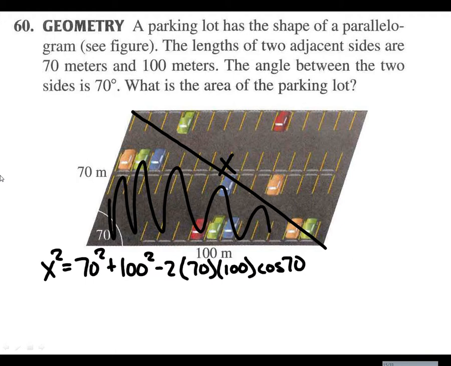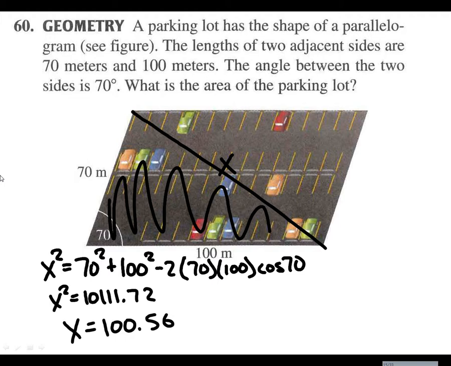Let's plug it in. 70 squared plus 100 squared minus 2 times 70 times 100 times the cosine of 70 is 10,111.72. Take the square root, and you get x is 100.56.